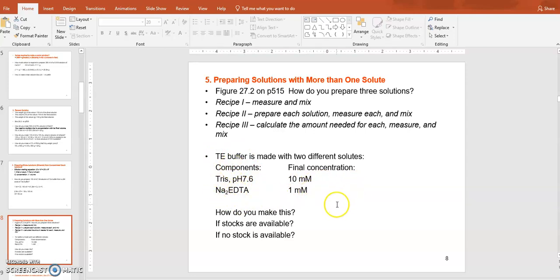So how do you figure it out? Whatever the ingredient is, that is the final concentration. You have to calculate each component at a time to find out how much volume of tris you need, and the same way with EDTA, using its final concentration. It depends on how much volume you need. Then mix them up, add enough solvent until it's dissolved, and check the final volume after that. That's how you do it.